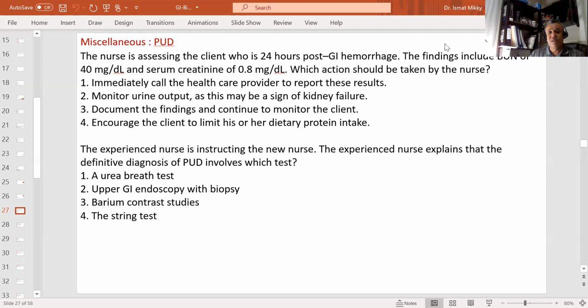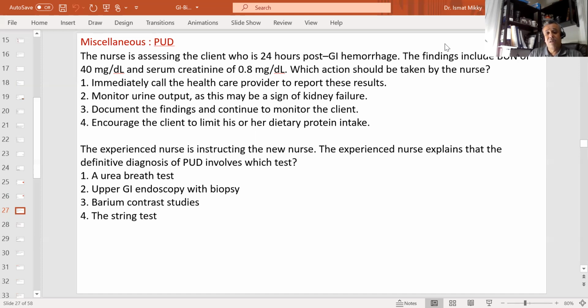Now the experienced nurse is instructing the new nurse. The answer would be upper GI endoscopy with biopsy. The gastric mucosa can be visualized with an endoscope.